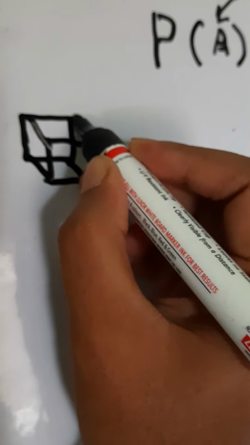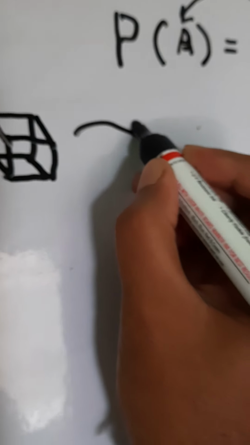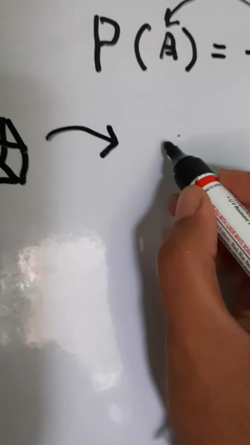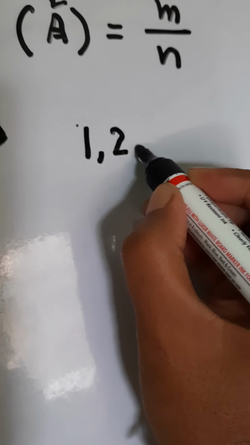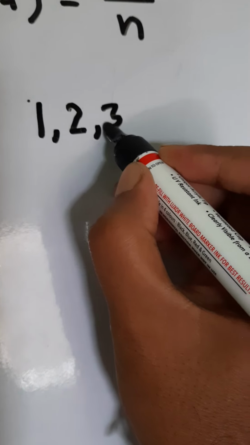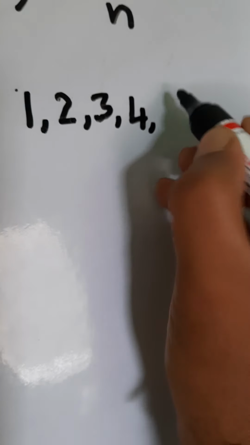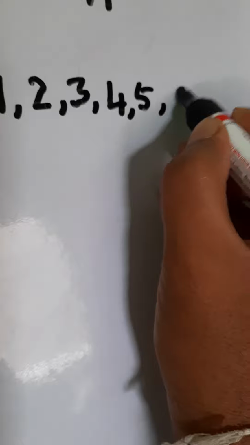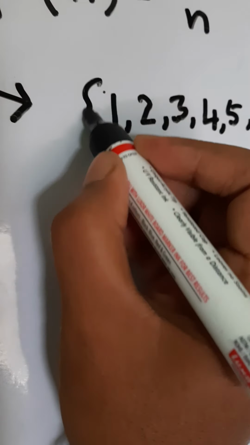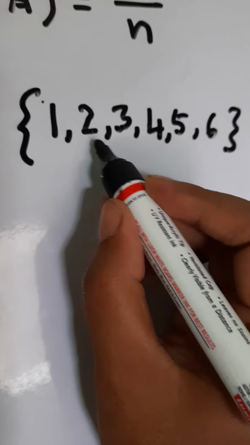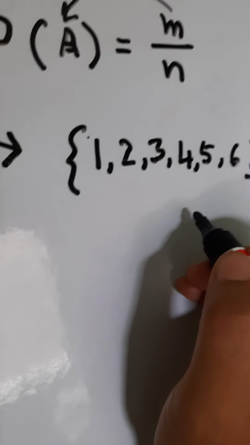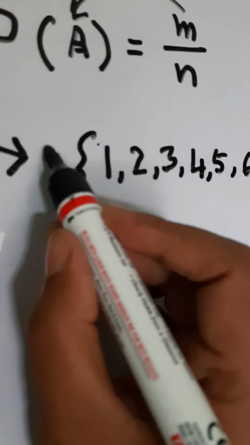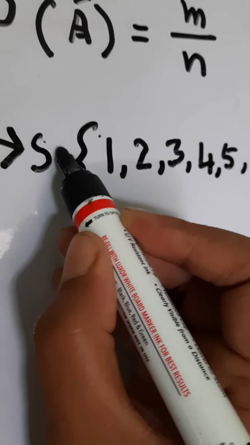So if you throw or roll this die, the result may be anything, that is 1, 2, 3, 4, 5 and 6. So these are the outcomes 1, 2, 3, 4, 5, 6. So there are 6 outcomes. The totality of the outcomes is called the sample space S.